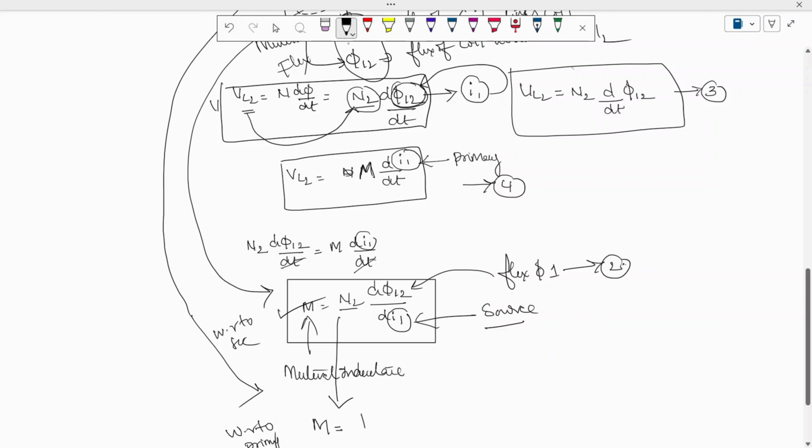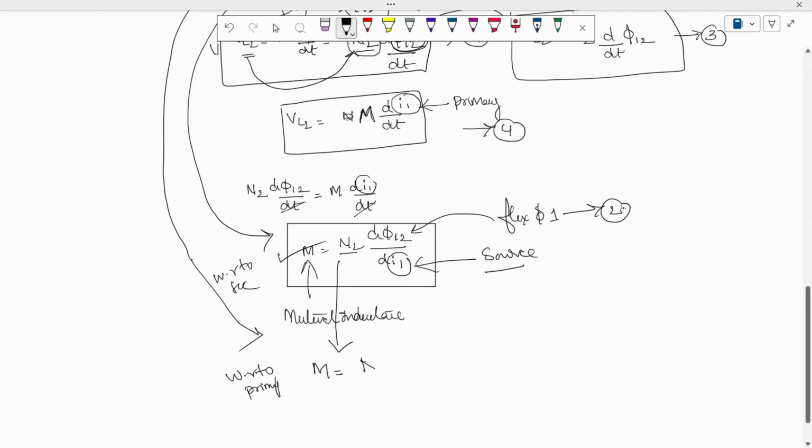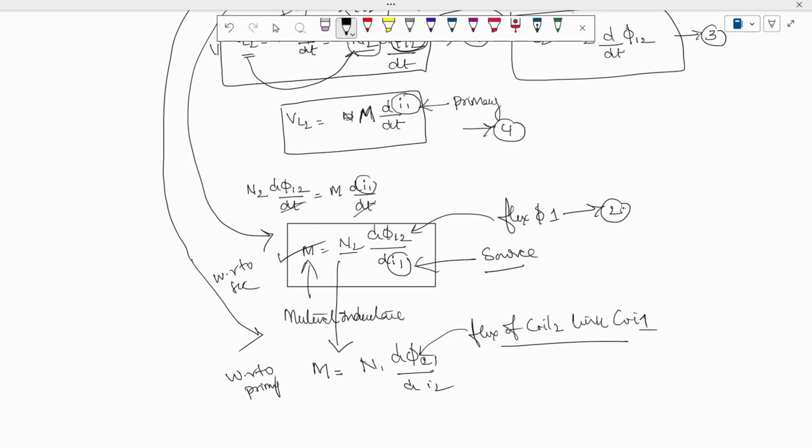That is nothing but, rather than N2, we get N1 multiplied with dφ21 divided by dI2. So φ21 is the flux of coil 2 linking coil 1. Why is the flux φ2 coming? This flux φ2 is only due to I2.